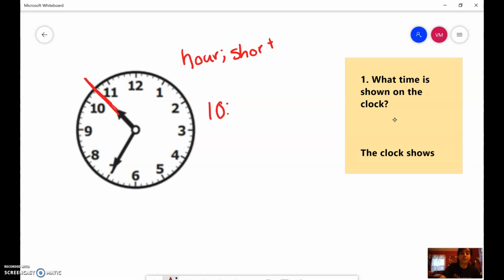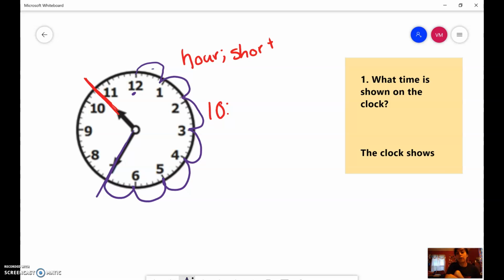Second thing, so hour short, but then the second thing is minute long. Now that I've determined that that's my hour hand, this has to be my minute hand. You could count by 5, starting with the 12 because that represents 0. That's my starting mark for counting the minutes. Or you can just know 7 groups of 5, because I have 1, 2, 3, 4, 5, 6, 7 groups of 5.